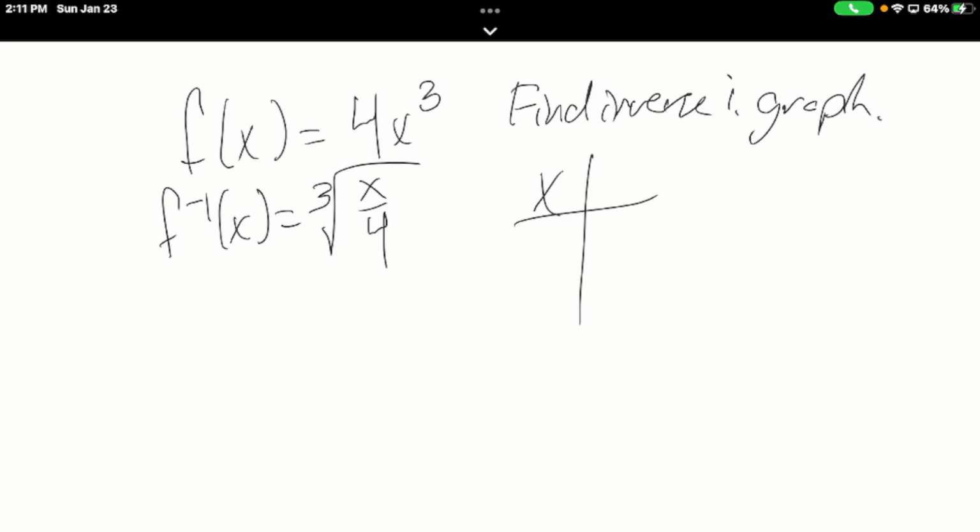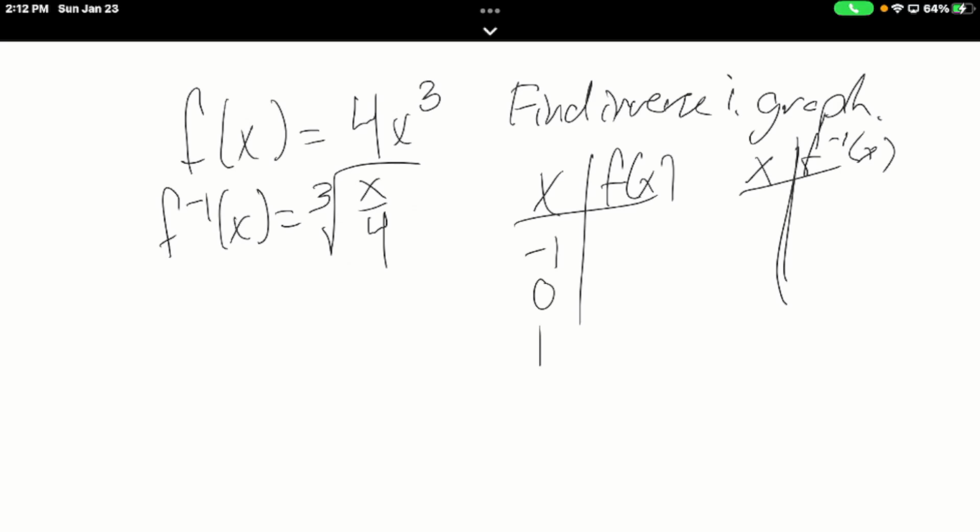I've got a table for my original, and I've got a table for my inverse. Since it's a cubic, I'm starting with -1, 0, 1, and I know my y values are going to be that on my inverse. If I'm plugging in -1 into this, I get -1 cubed, which is -1 times 4, gives me -4. 0 gives me 0. 1 gives me 4.